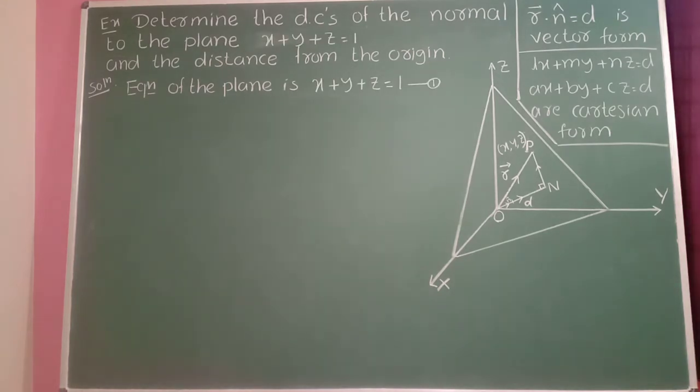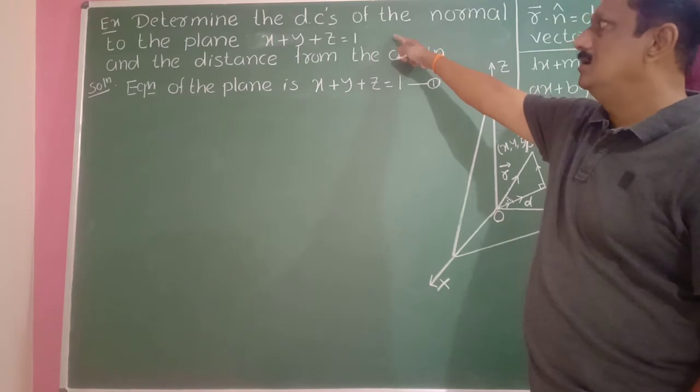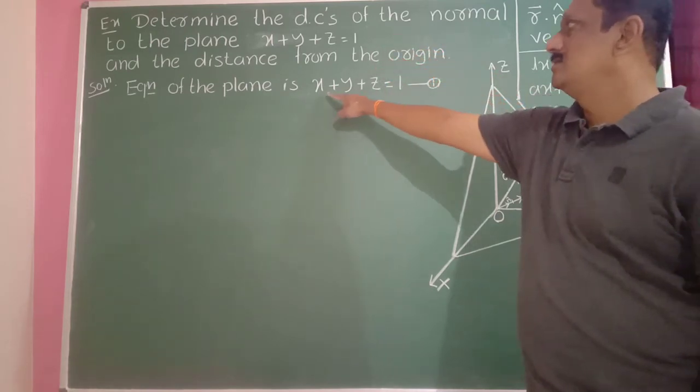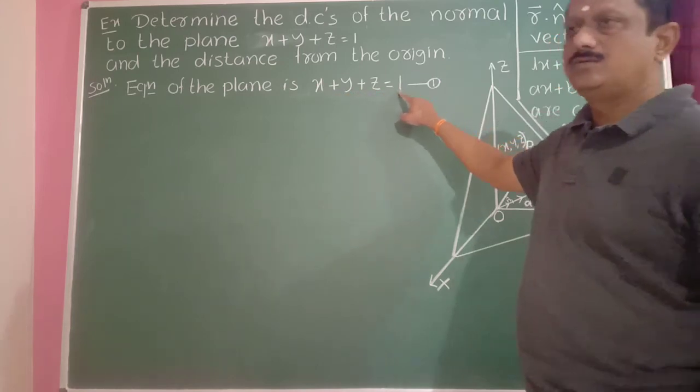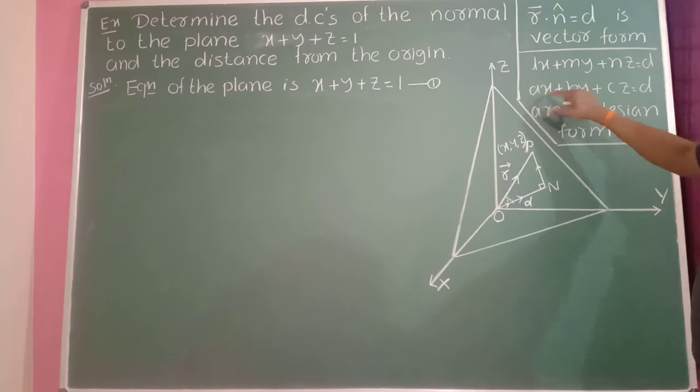The next example, determine the direction cosines of the normal to the plane x plus y plus z equal to 1 and the distance from the origin. Therefore, the given equation of the plane is x plus y plus z equal to 1. So, this equation is in the form ax plus by plus cz equal to d.